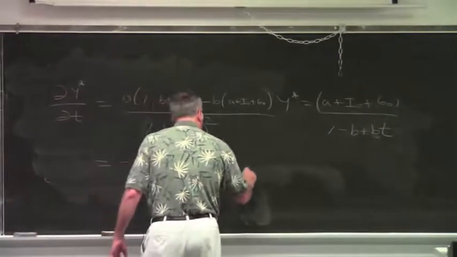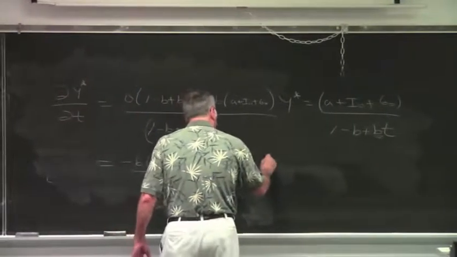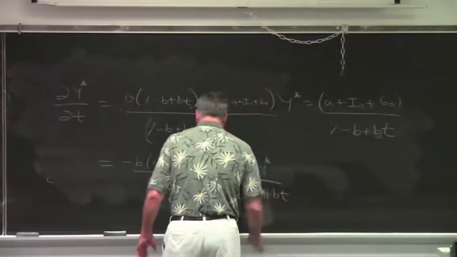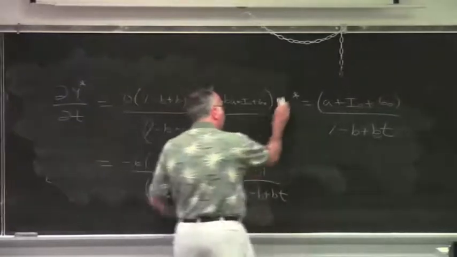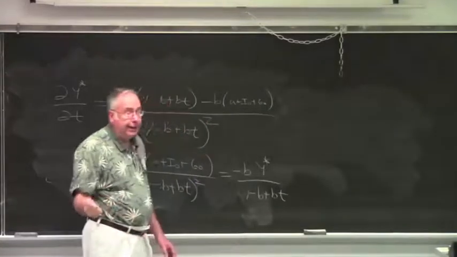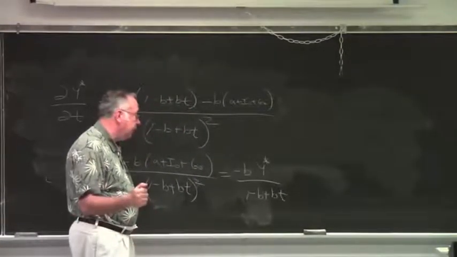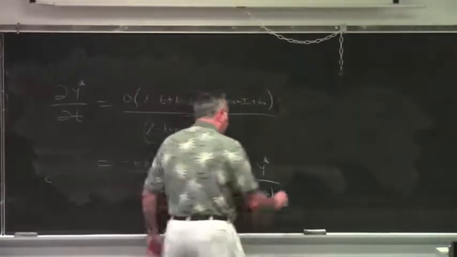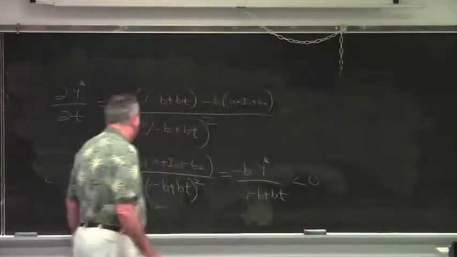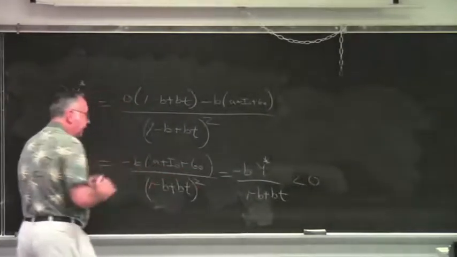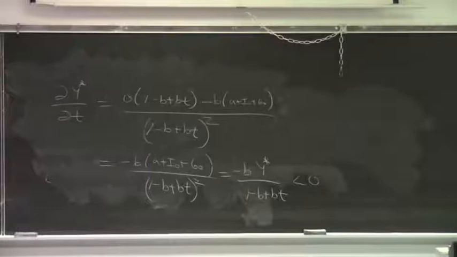Yes, it's just minus b times y star over 1 minus b plus bt. Okay. And you can see this is quite large, but what's its sign? And this time it's going to be negative because of this negative sign here. So this is going to be negative. If you forget about the negative sign, this is positive, but you got that negative sign, which makes it negative. So in words, what does this mean?